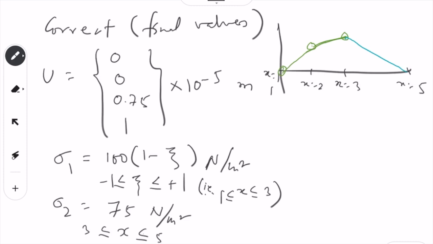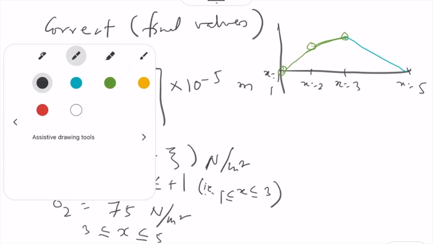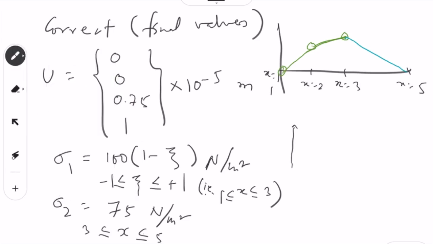So we can plot sigma now. The sigma will be like this, from here to here it goes like this, and we have x equal to 5, x equal to 1, x equal to 3, x equal to 2, like that.